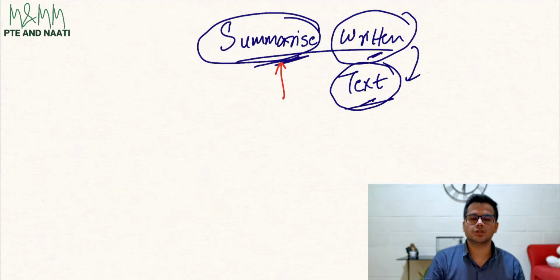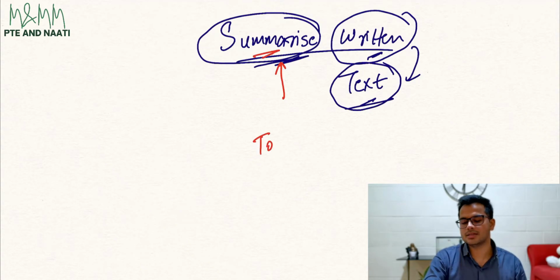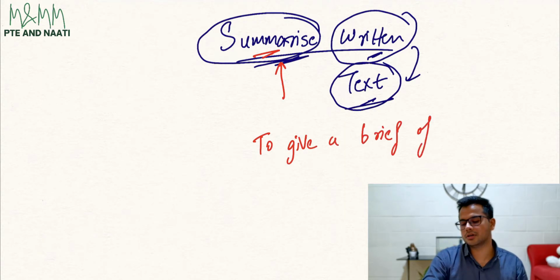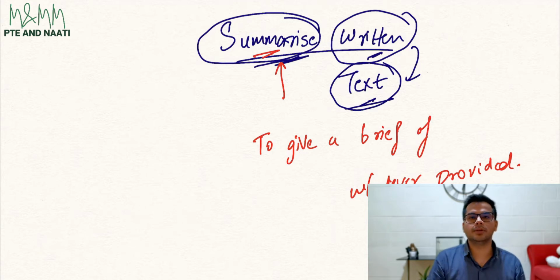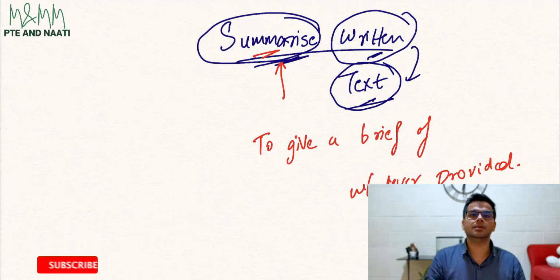Now, first of all, our job is to understand the meaning of the word summarize. Summarize simply means to give a brief of whatever is being provided to you. So whatever number of words that would be given to you in your real exam, your job is to give a brief of whatever is being provided to you.